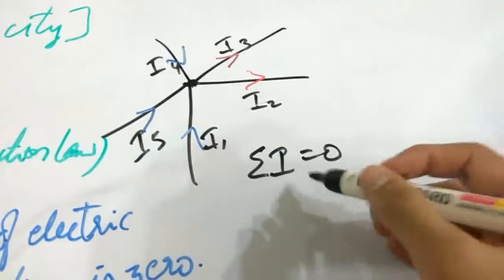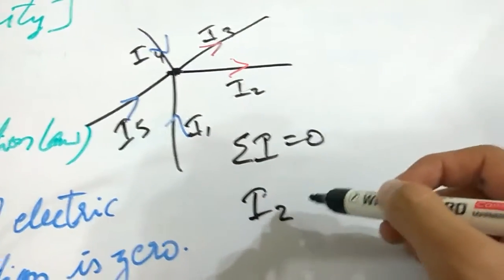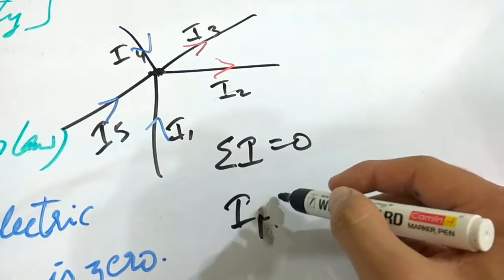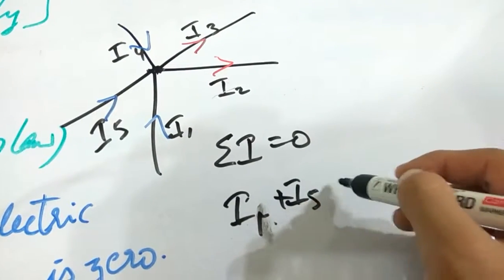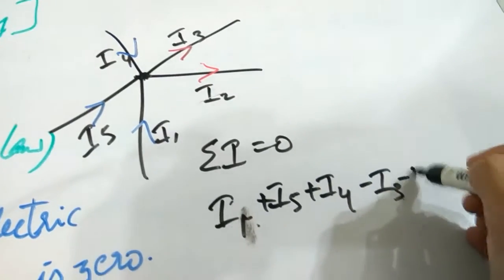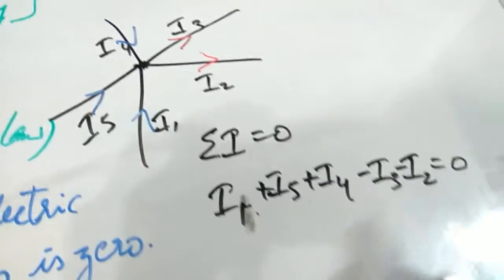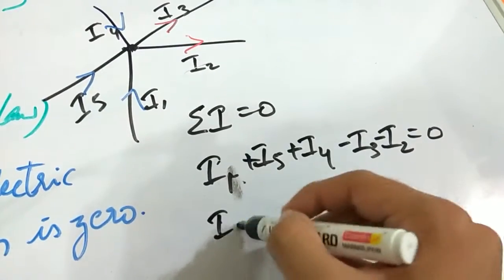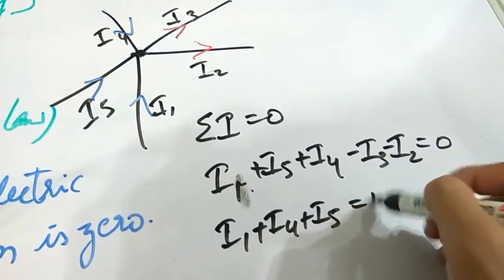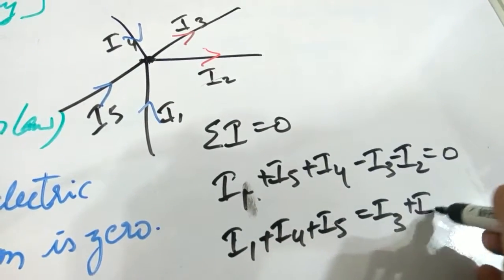So here, I1 plus I5 plus I4 minus I3 minus I2 equal to 0. That is, I1 plus I4 plus I5 equals I3 plus I2.